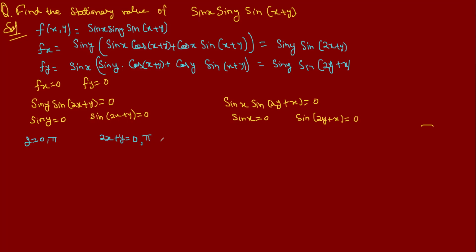Is it clear? Don't write n pi because that is for the general case. We will solve for one or two stationary points. This will be 0 or pi.